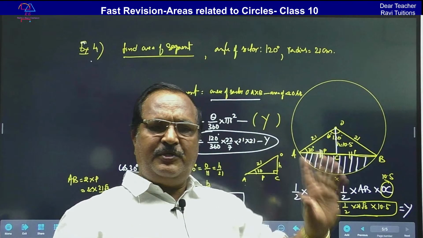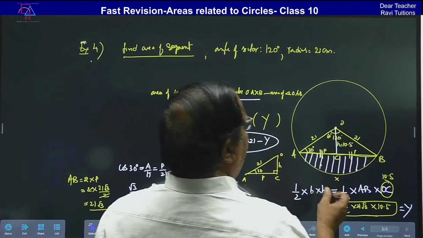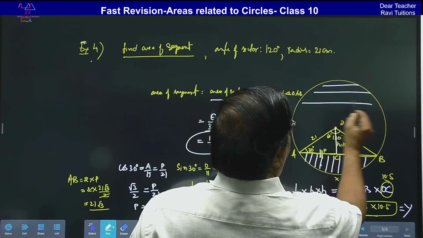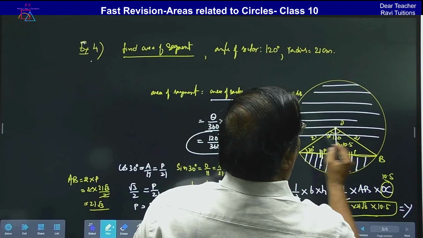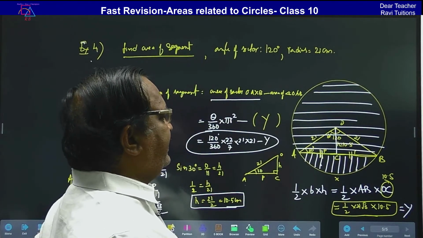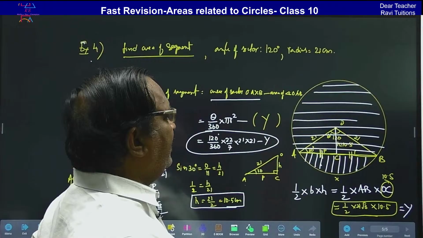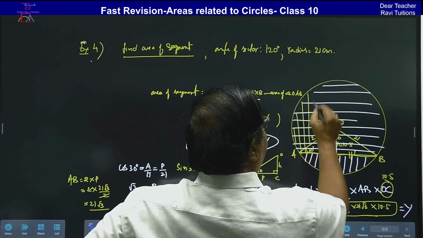Suppose if you want to find only the major segment, what happens? This is the major segment area. This entire thing is the major segment area, right? And the sector area I will draw with blue yellow color. This is the sector area.